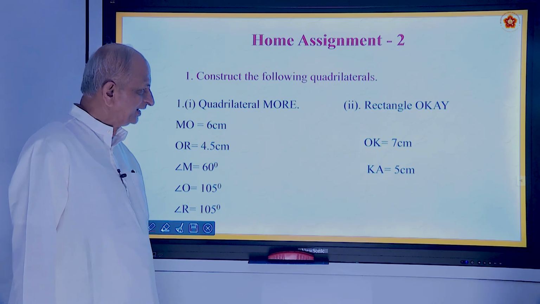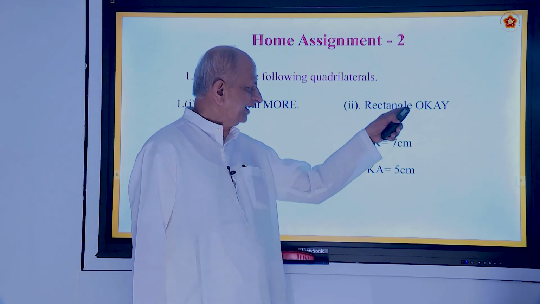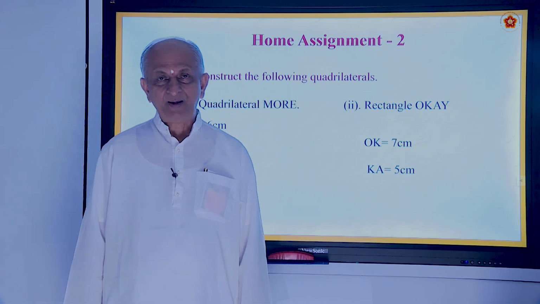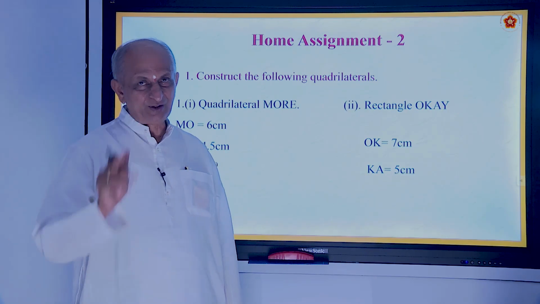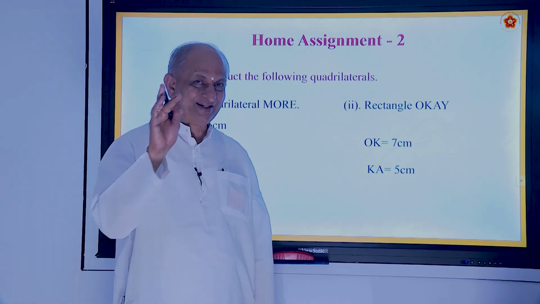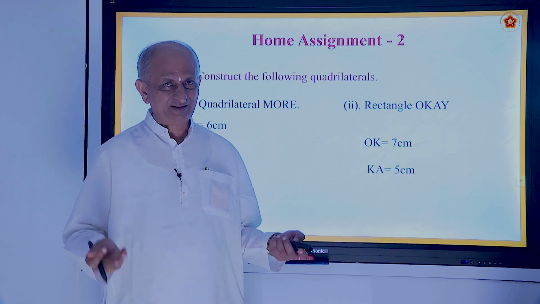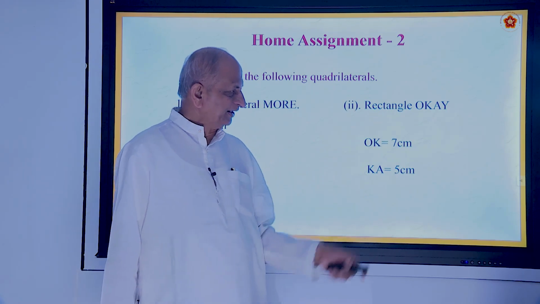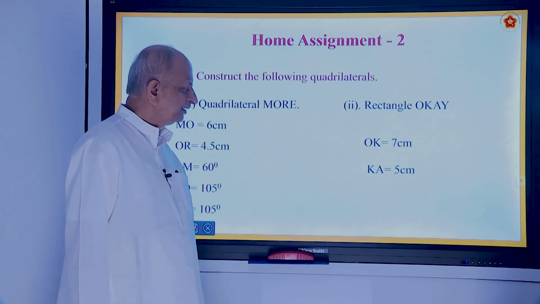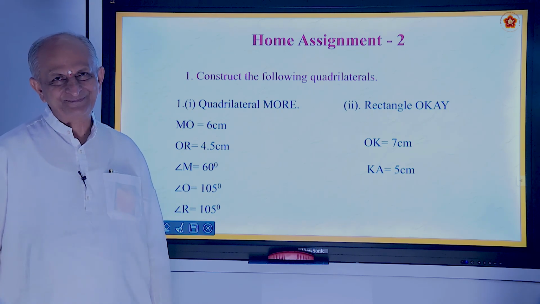Also, we will have one special quadrilateral called a rectangle. The property of a rectangle: opposite sides are equal, and all the angles are equal to 90 degrees. Because you already studied it, it may not be difficult for you to draw a rectangle.